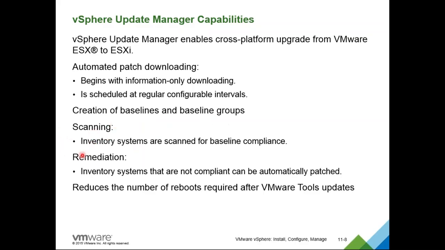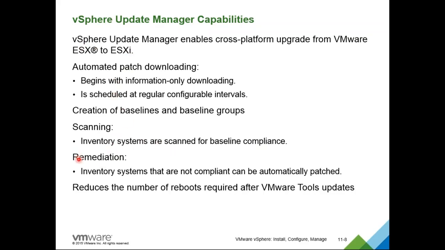And the scanning. Inventory systems are scanned for baseline compliance. Whatever ESXi hosts or virtual machines are there, first you have to scan to see what the existing versions are, as well as add your virtual infrastructure to VMware vSphere Update Manager. Using the scanning option, you can scan your VMware virtual infrastructure.